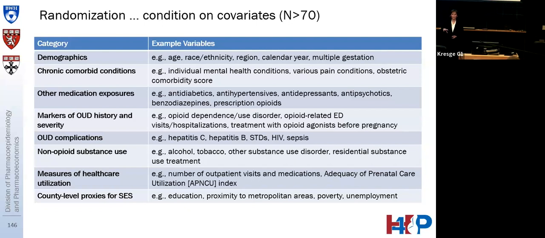I'm not going to go through all of them in detail, but they're typically classified as demographic information. Then we try to get a good handle on concomitant medications, comorbid conditions, and then, depending on the disease we're looking at, the severity of the disease itself. So in this case, it was the severity of the opioid use disorder, potential complications, history, and so forth.